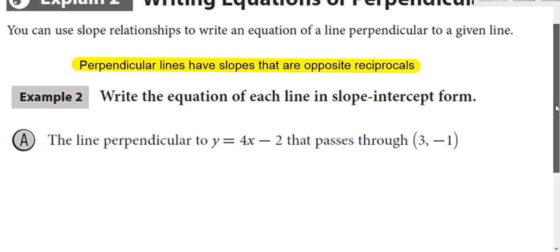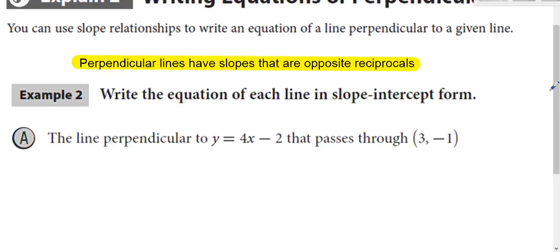So if we're going to be perpendicular, remember perpendicular also means that they intersect at a right angle. So you have to have an opposite reciprocal slope. So we have to know the slope that's here for the given line, which is 4. Or you could think of that as 4 over 1.